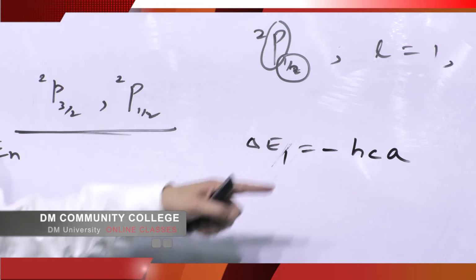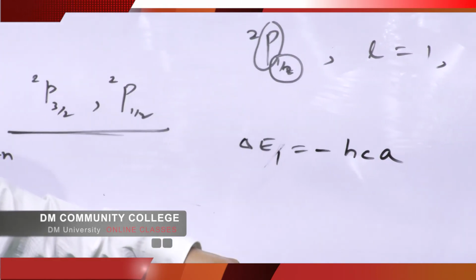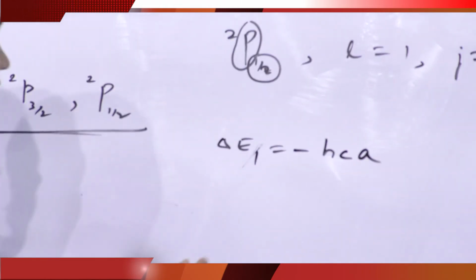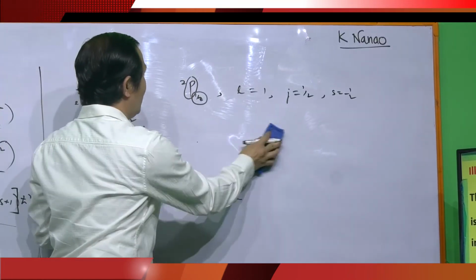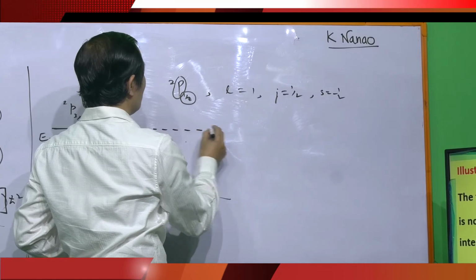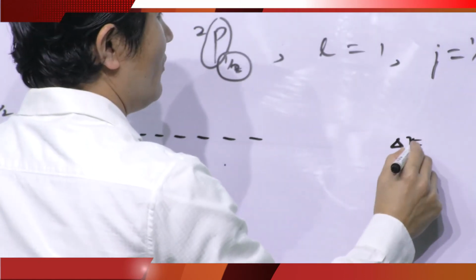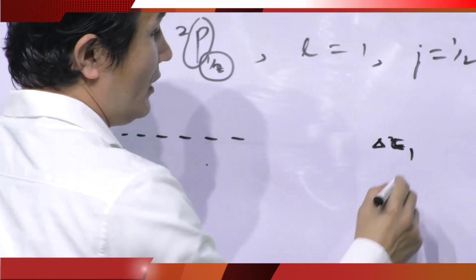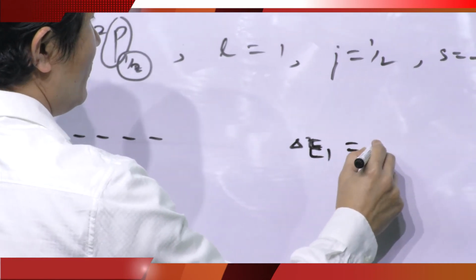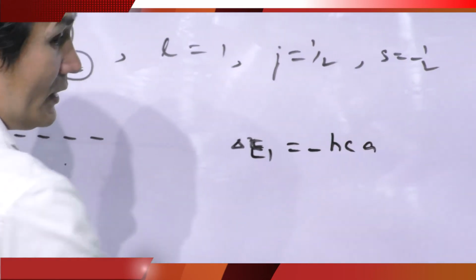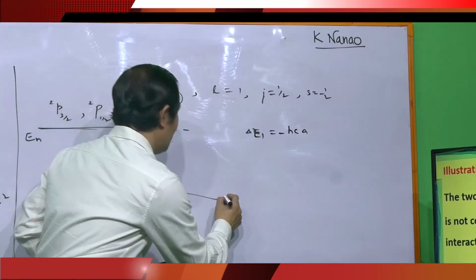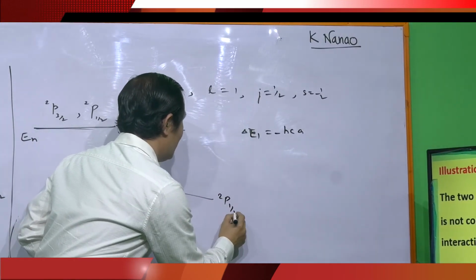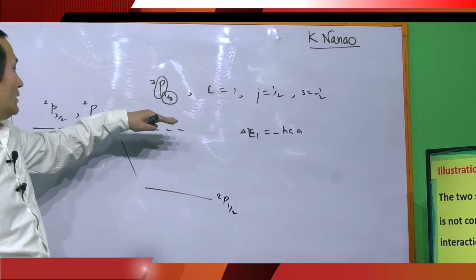This negative energy means the energy is down from the original level. I have given the symbol E1. So E1 is equal to minus ICA, and when spin orbit interaction energy is given, the energy level shifts down.